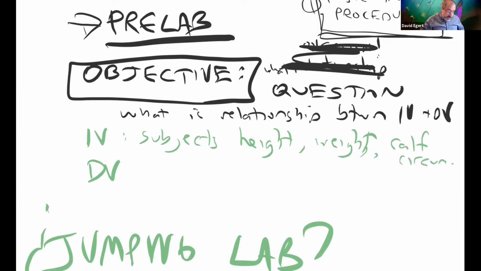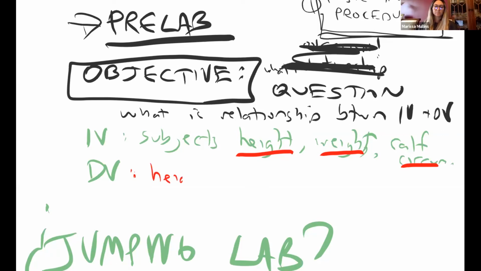These are the things that we're going to measure. We're going to look at different values of these, and then see if they have some predictable relationship to our dependent variable. Which is what? How high you jump. Yes, it's the height of the vertical jump.